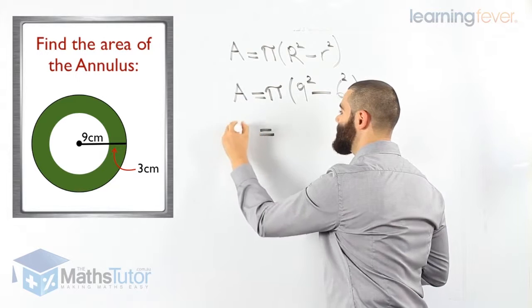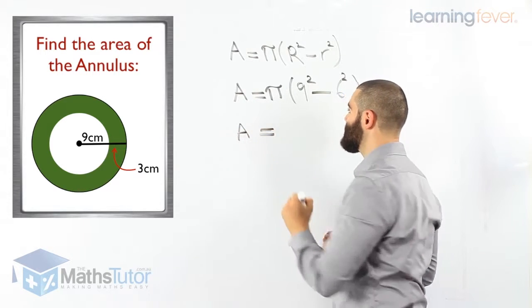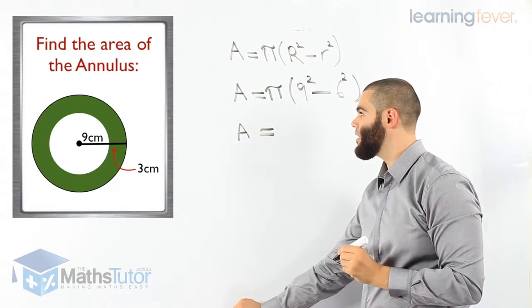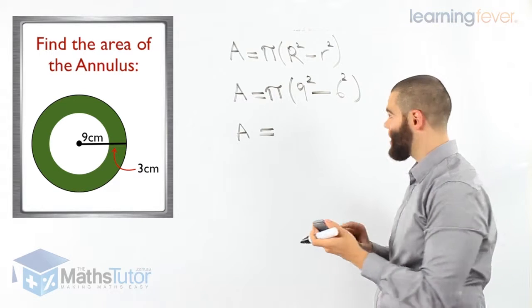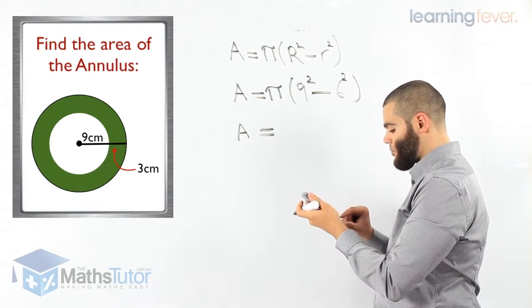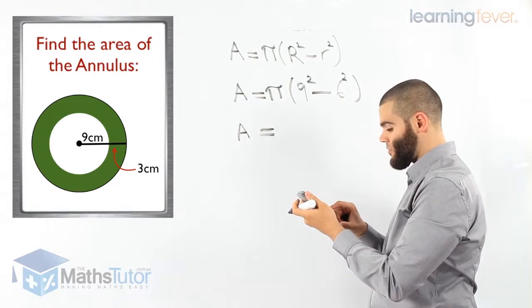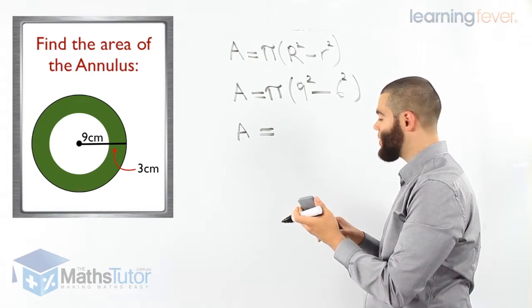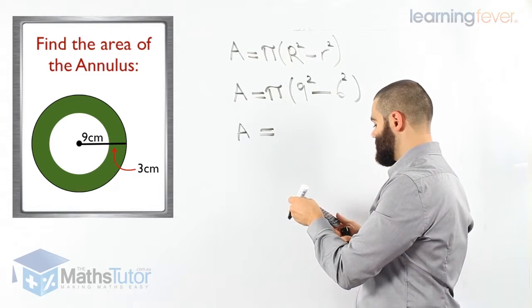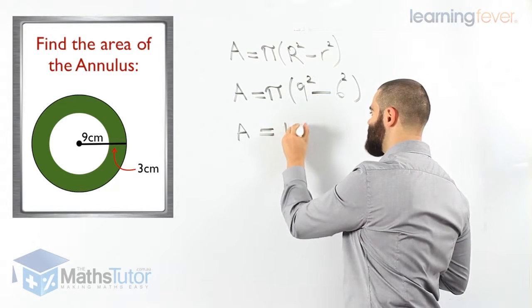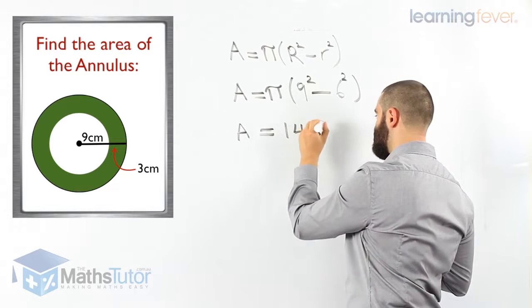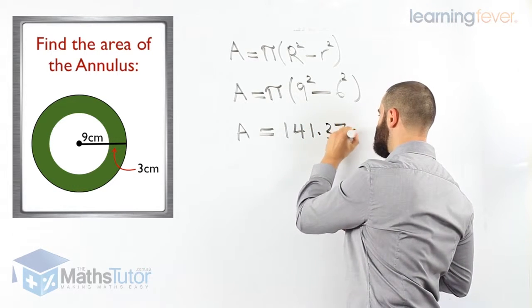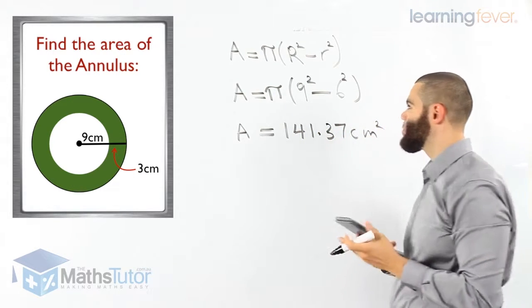Now that we know our large radii and our small radii, we can put it in the calculator and get it all correct. Pi times 9 squared, take away 6 squared, close our bracket, and 141.37 square centimeters to 2 decimal places.